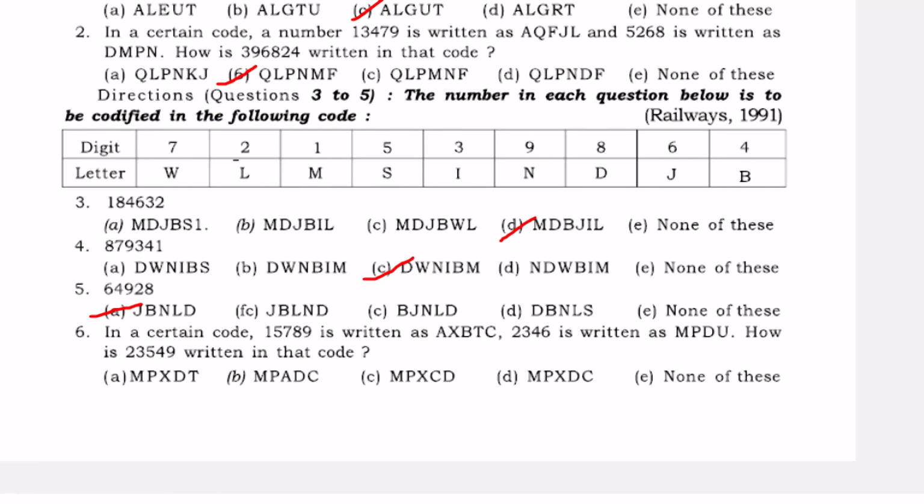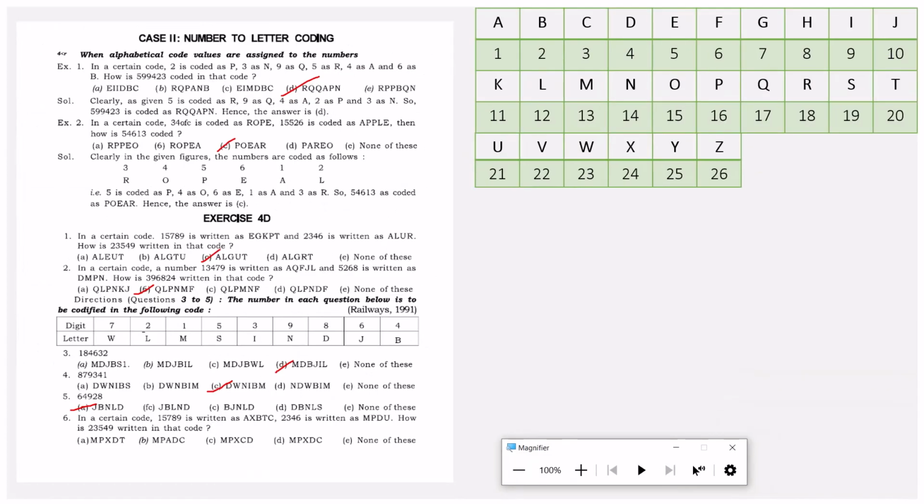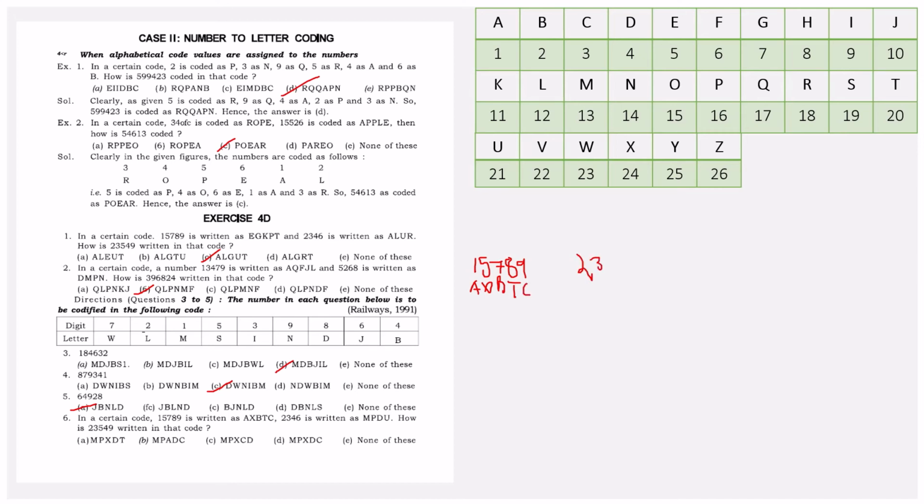Now this is a simple question. Let me zoom out. And now 15789 is coded as AXBTC, and 2346 is coded as MPDU.